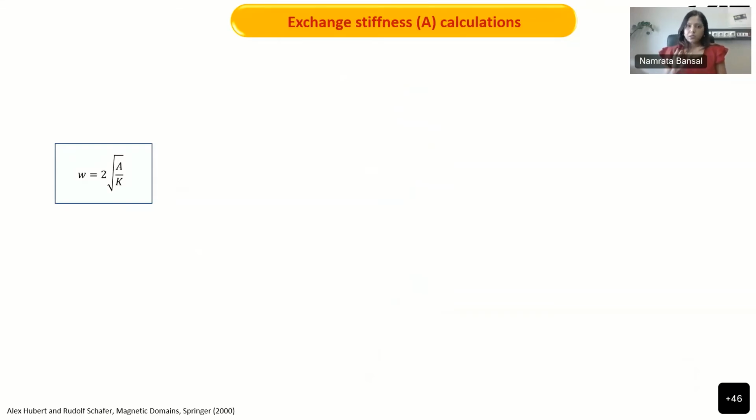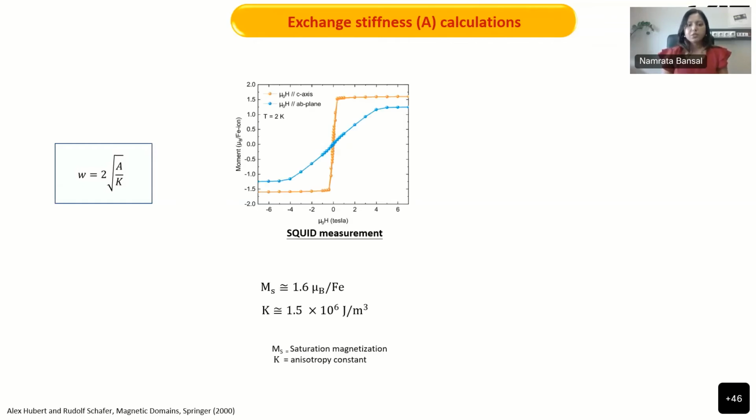The domain wall width contains the information of exchange stiffness and anisotropy constant. Now we have this relation. From the SQUID measurement, we have a value of the anisotropy constant, and we already calculated the domain wall width, which is about 7 nanometer.